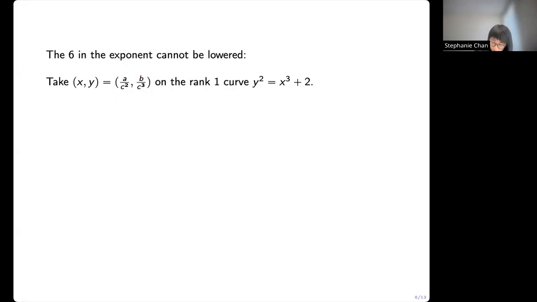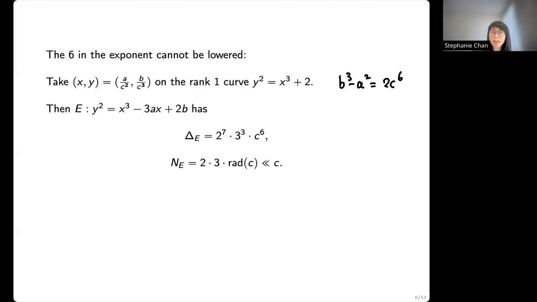Then A, B, and C would satisfy this equation just by plugging in and rescaling the coefficients. So you get infinitely many solutions to this curve. Then you can construct some elliptic curves using these coefficients.